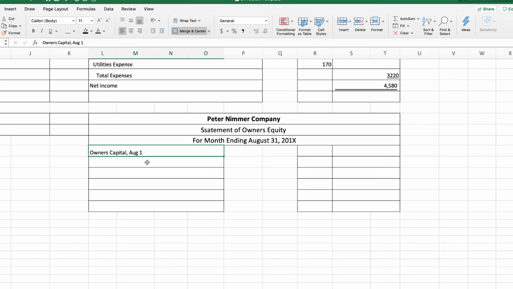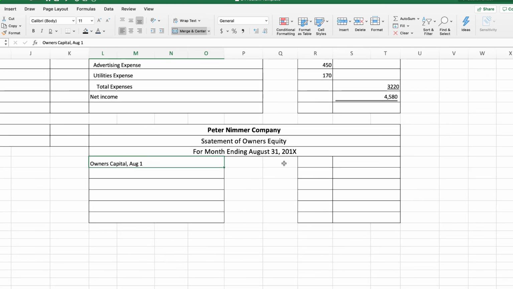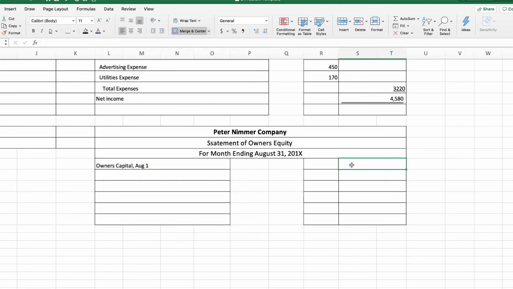On August 31st, the balance sheet showed the following. Owner's capital, $13,700. That's the beginning balance. Okay? Yes, that is the beginning balance. So I'm going to go ahead and just plug that in.